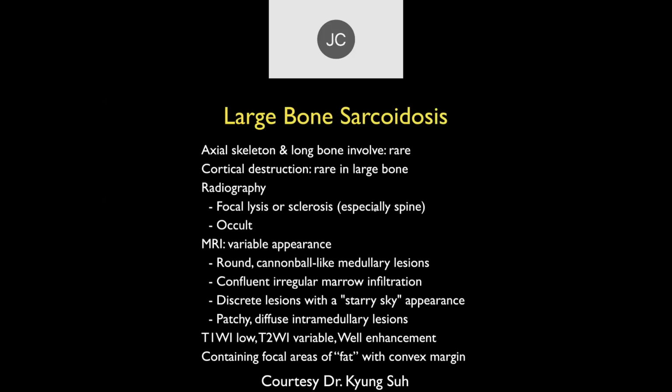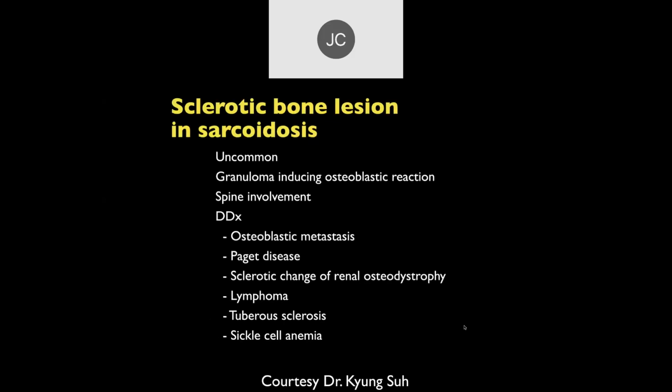And you can also get involvement of the large bones. In the small bones, you typically get that lace-like appearance. And then in larger bones, you can get larger, more rounded lesions that look a little bit more like masses.